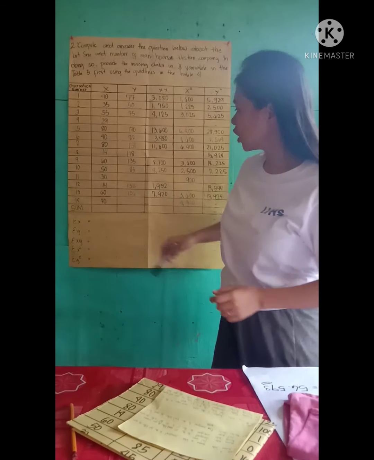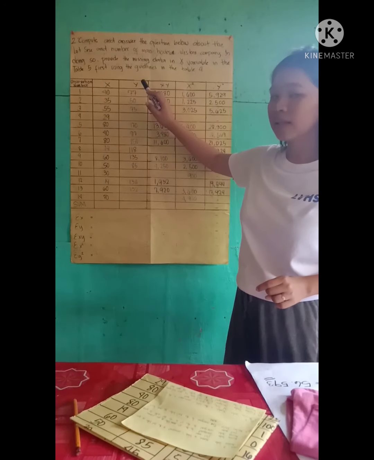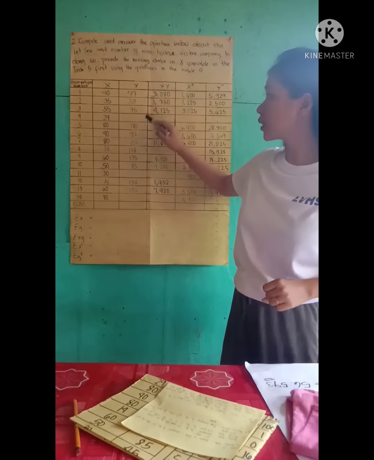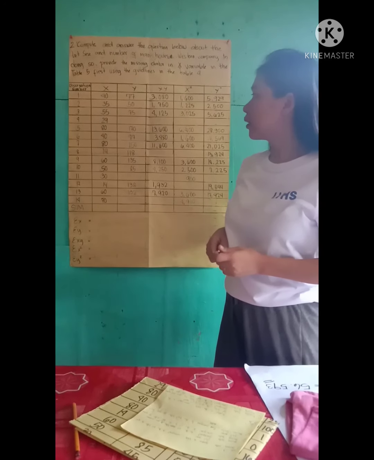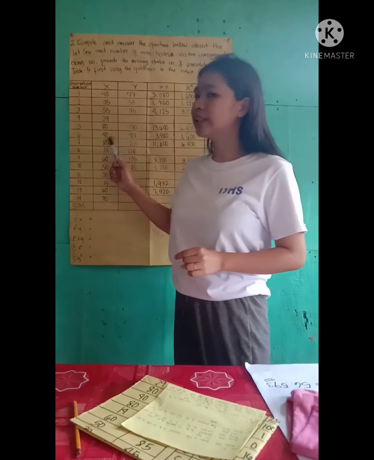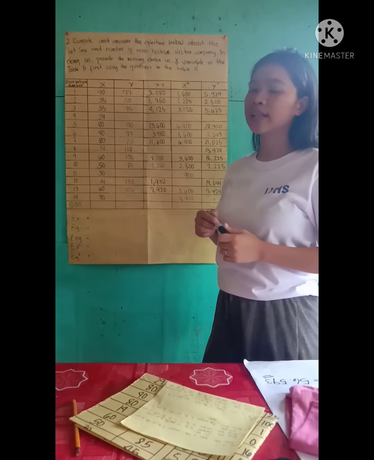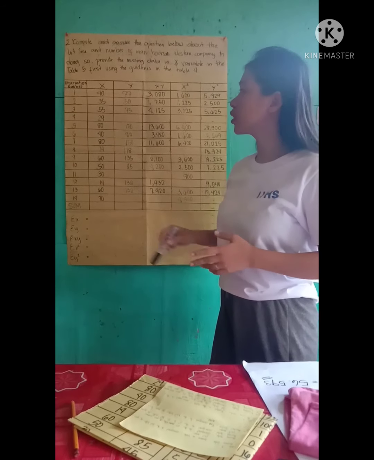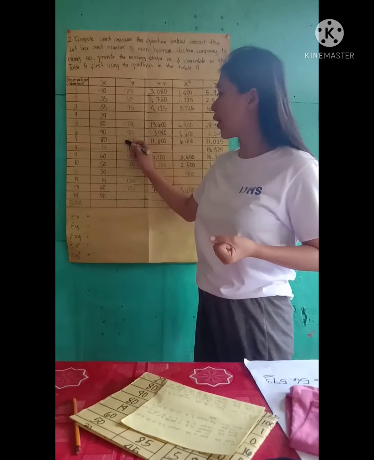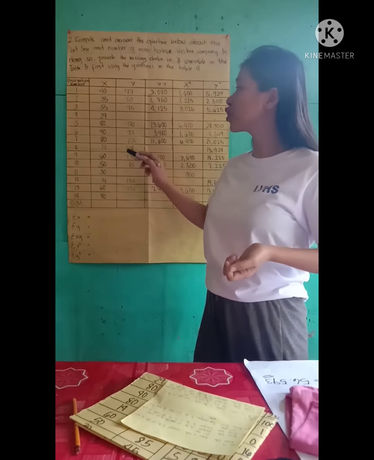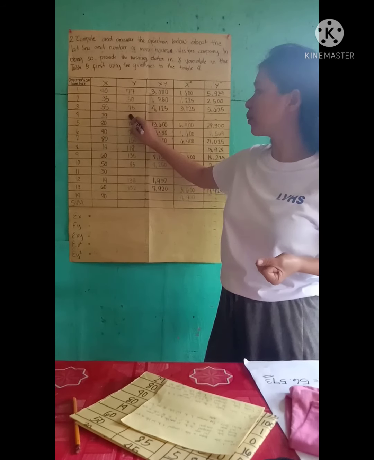As I complete the table in column X, now let's find the missing variables in column Y. It's different from question number 1 earlier, in how we get the missing variables in column Y. Now we have to solve in order for us to get the missing variables.